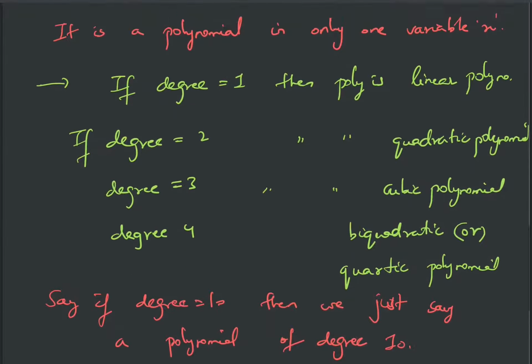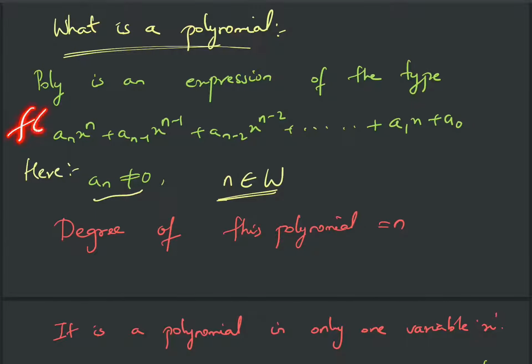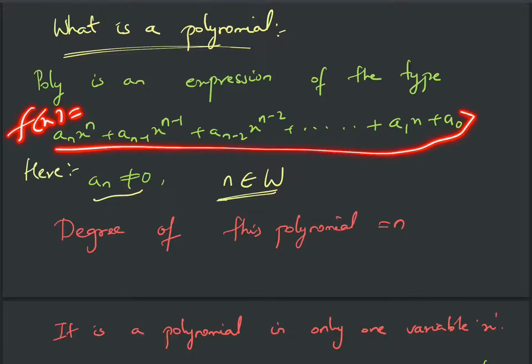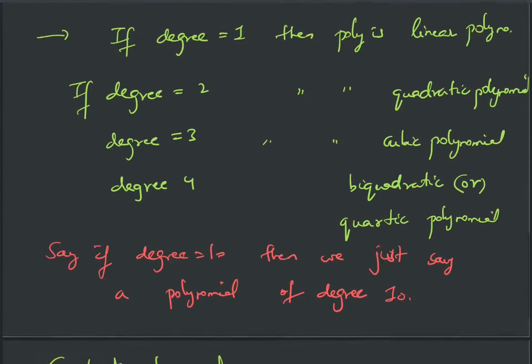Right? So you don't get confused with what is f of x. f of x is just a name given to a polynomial, right? Because this entire polynomial is in x, I have just given the name to the polynomial as f of x. So let us give this name here itself. That polynomial is an expression of this type, and let us give it a name f of x, because the only variable involved is x, right?